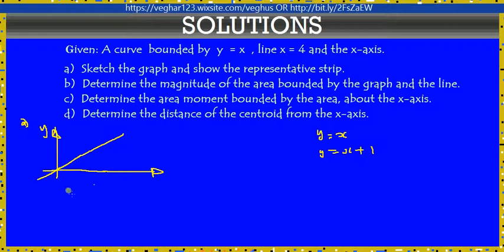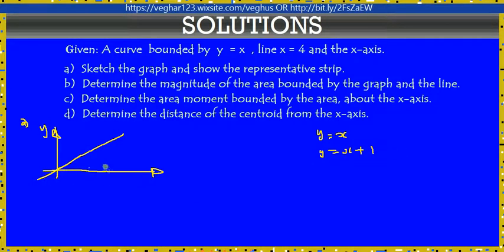If it's like this, you draw it like a straight line. And then if they say plus 1, that means it's shifted in which direction? If x is 0, y is 1, so we have this one. If y is 0, x is -1, so it shifted in this direction by 1 if it's +1.